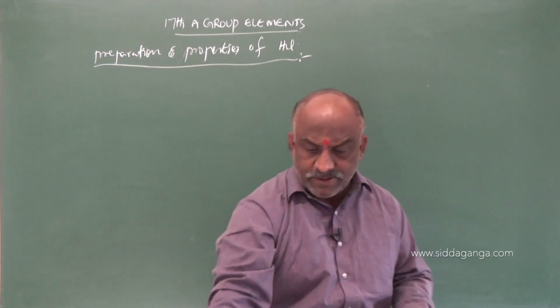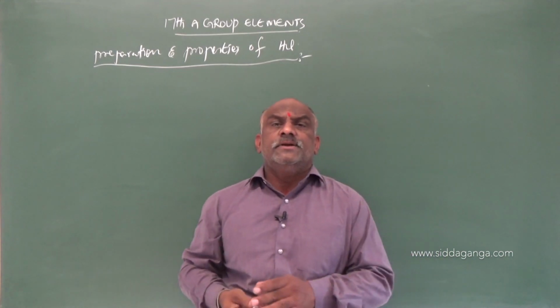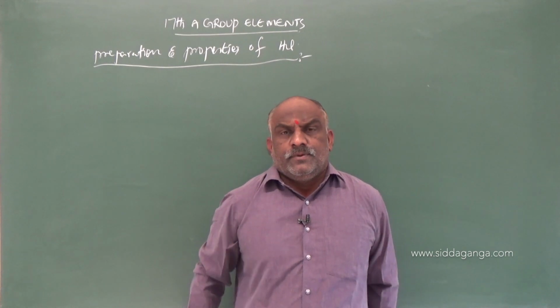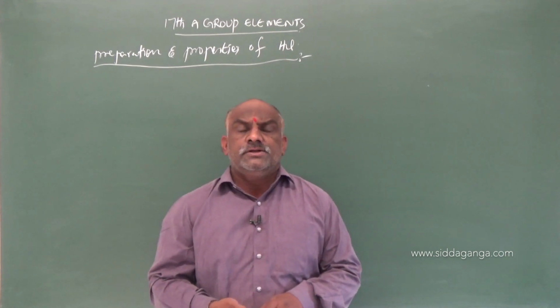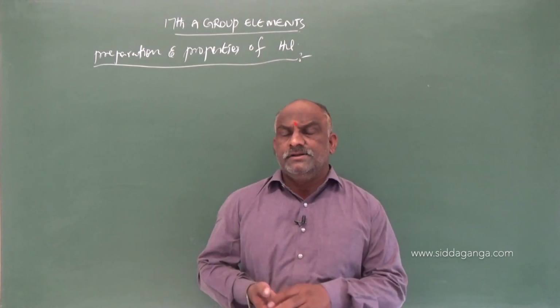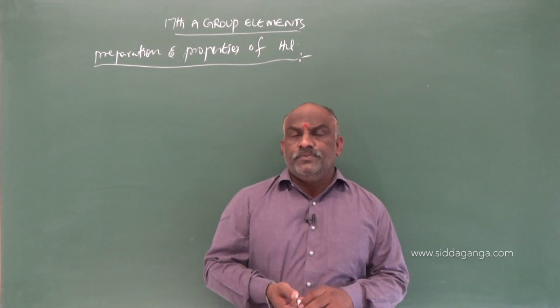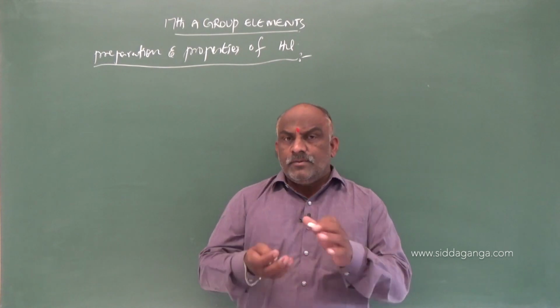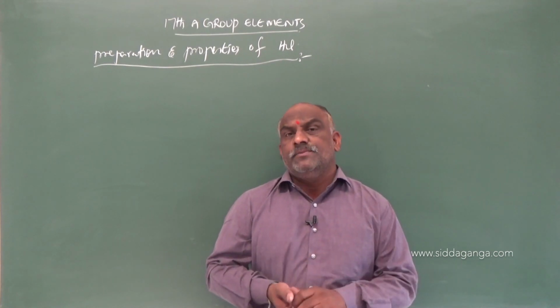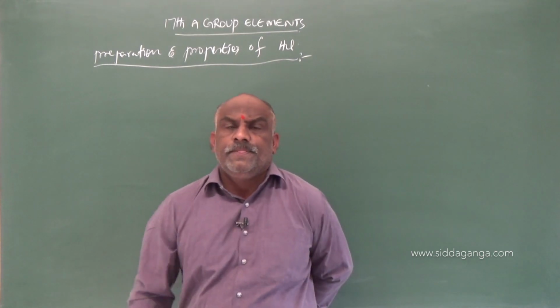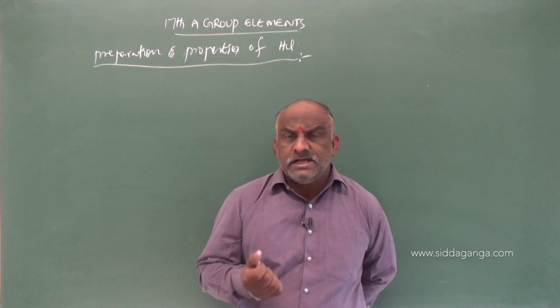From this concept, one important property was there, so we should concentrate on that when we discuss the concept. I will inform which topics and which properties are important. Hydrochloric acid is used as a lab reagent.